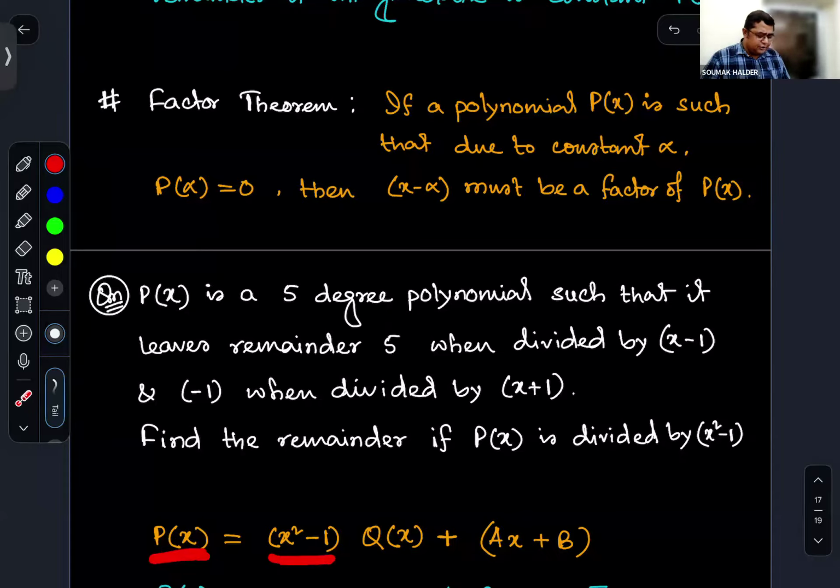Now the major problem is we don't know about px much. We don't know anything about q of x and still we do have two unknowns to be decided from here. A or b ও জানি না. Even it is not guaranteed that it is supposed to be 1 degree polynomial, 0 degree হতে পারে.